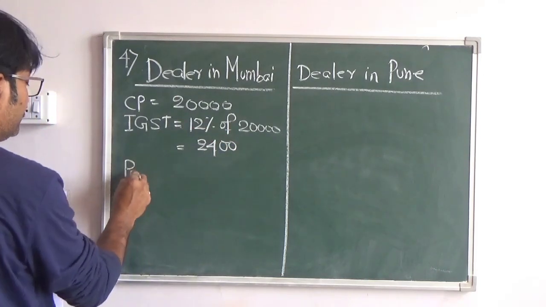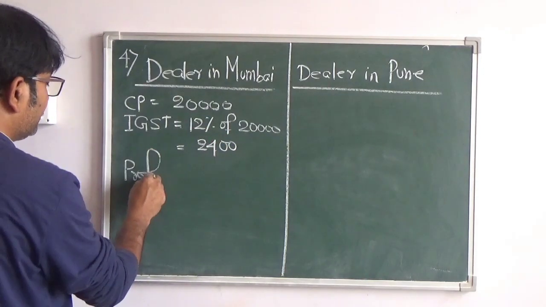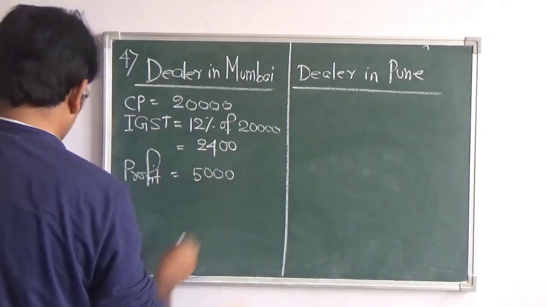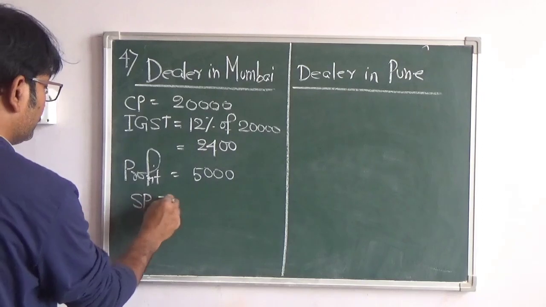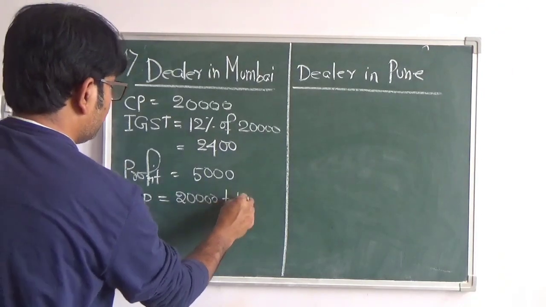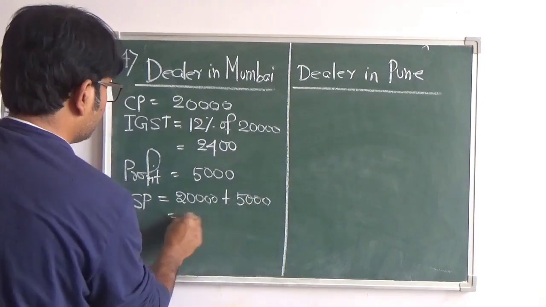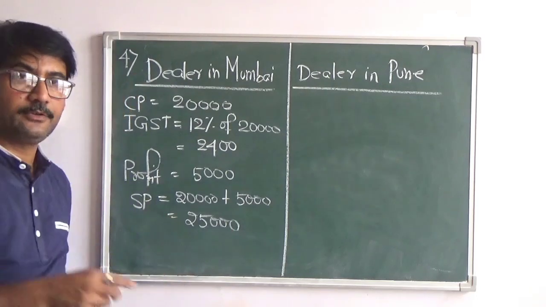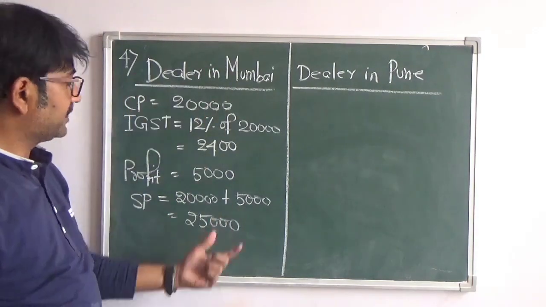Here he sells the article but keeps a profit of rupees 5,000, so the selling price becomes 20,000 plus 5,000, which is equal to 25,000. So SP for the dealer in Mumbai comes to 25,000.